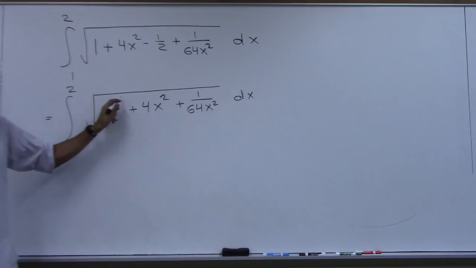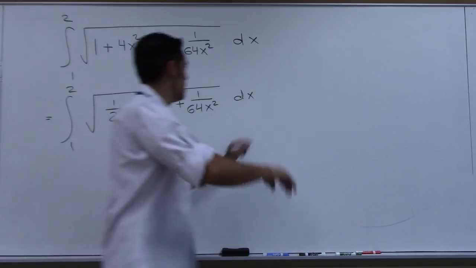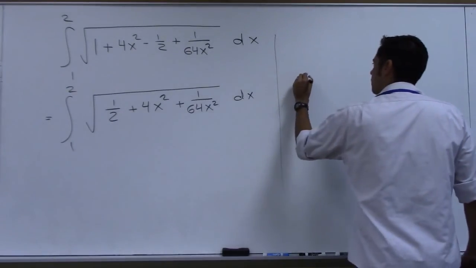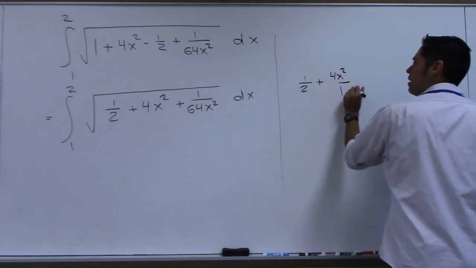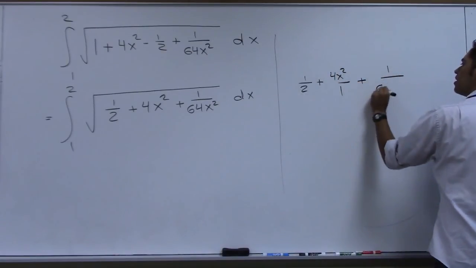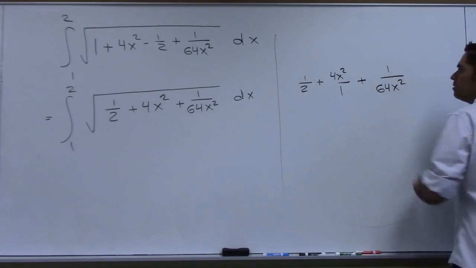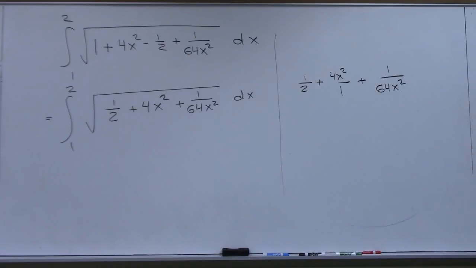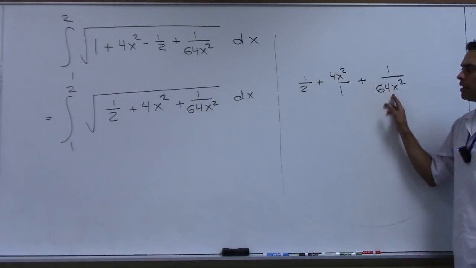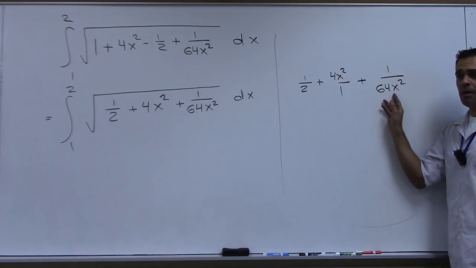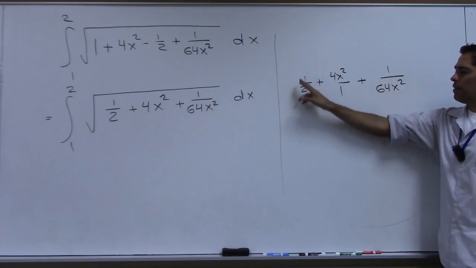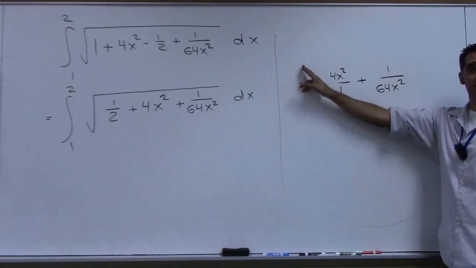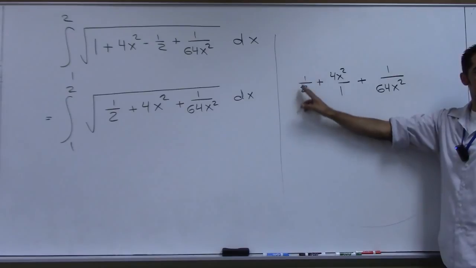So let's do this. This right here, I'm going to work with on the side. 1/2 plus 4x squared over 1 plus 1 over 64x squared. What am I about to do? Get a common denominator. All right? So my common denominator will be 64x squared. That means I have to multiply this top and bottom by 32x squared, top and bottom.